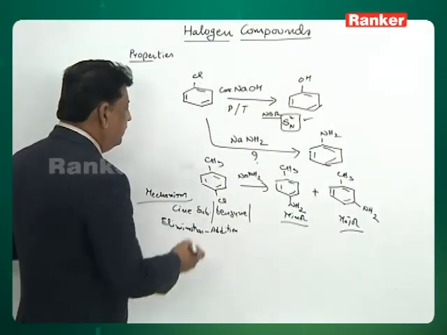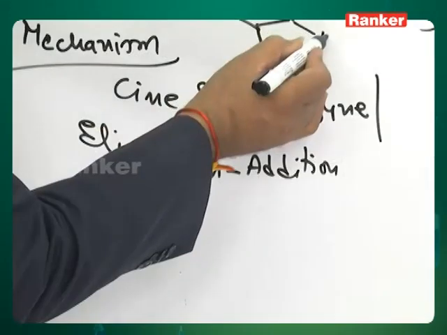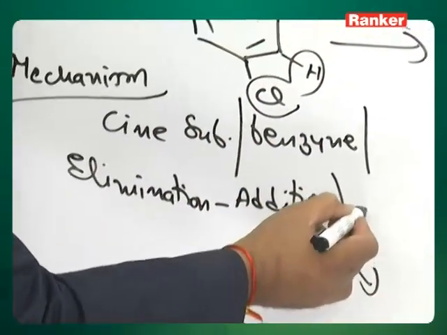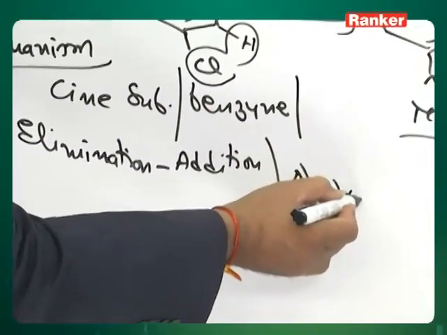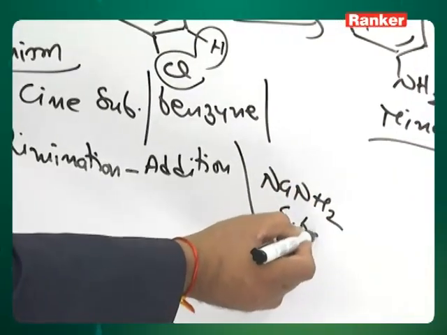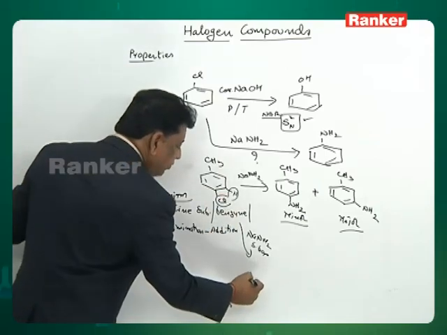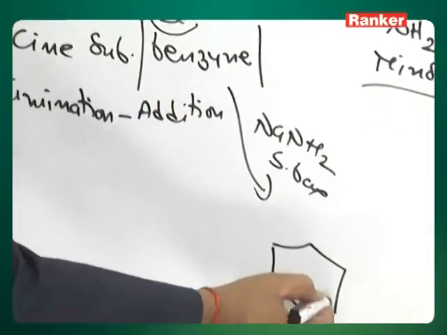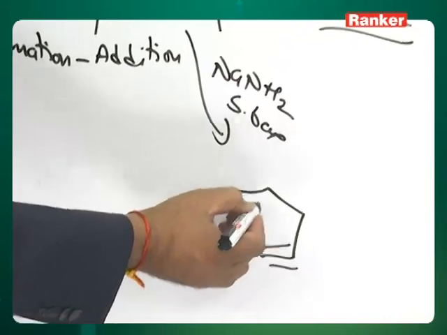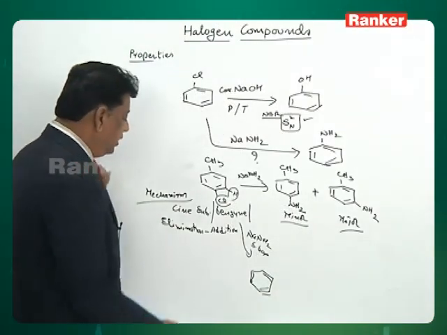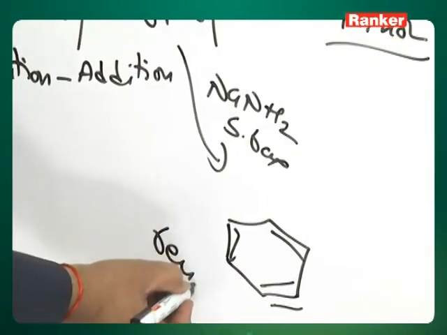In this compound, first H and Cl are eliminated because of this sodamide. Sodamide is a strong base, right? So therefore HCl is dropped out. When HCl goes out, one more bond is formed, where a bond is already there. This compound, a benzene containing a triple bond, is known as benzyne.